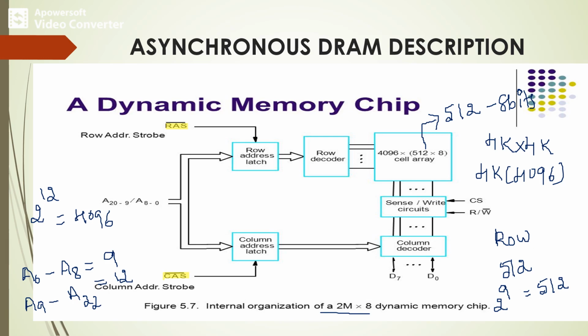During a read or write operation, the row address is loaded into the row address latch in response to a signal on the row address strobe input of the chip. Then a read operation is initiated in which all cells of the selected row are read as well as refreshed.